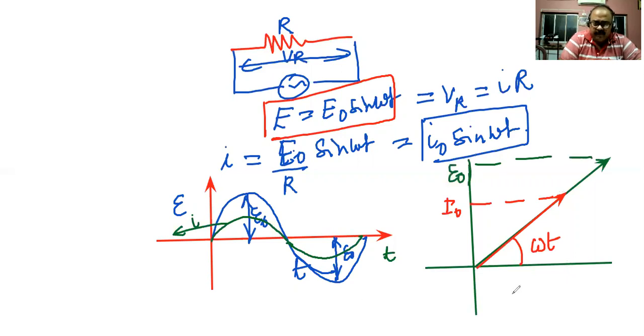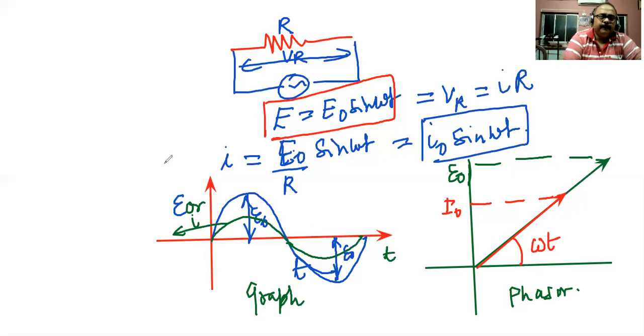So this is the phasor diagram for a resistive circuit, and this is your graph. So children, always try to understand the difference between the two. Here in the graph we are trying to find out the variation of E or I with respect to t, and in the phasor diagram we are trying to show the position or the state of EMF and current at any instant.